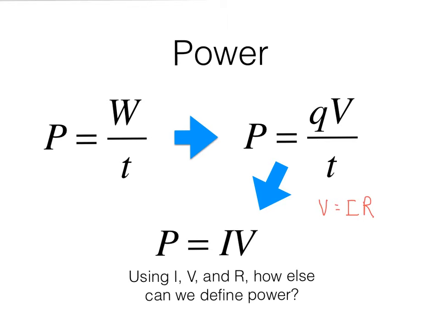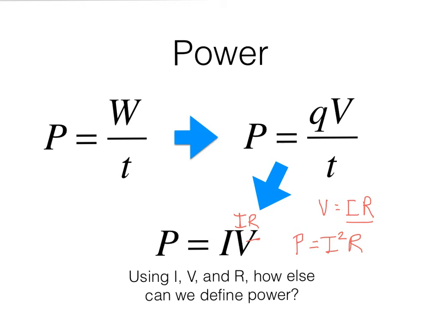So if I do V equals IR, and I put that in for V, then I would get P equals I, IR, right? Instead of V, I've got IR. And so then I would have P equals I squared R. And so if I have current and resistance, I can get power that way as well.